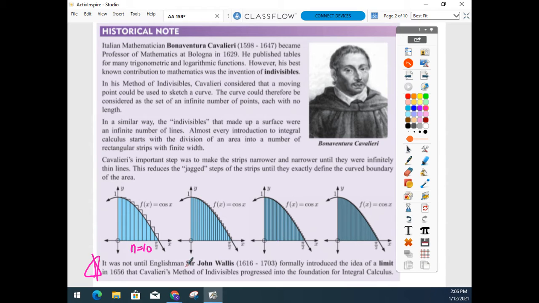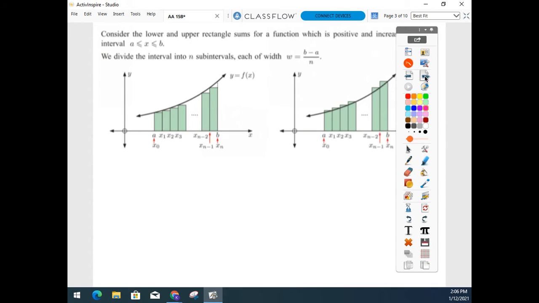So Sir John Wallis comes up with the idea of using the limits, which progress into the foundation for integral calculus. This is really the basic part of calculus here. Okay, so what we end up doing, this shows kind of a little proof. Notice, remember I was talking about that width comes from the b minus a, the interval.